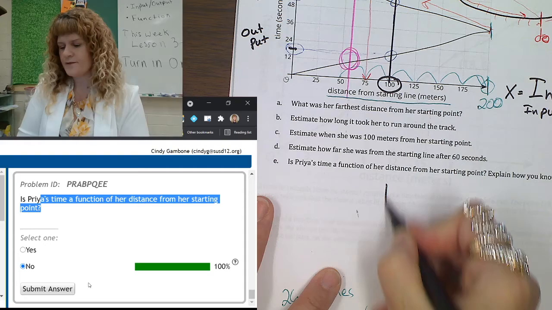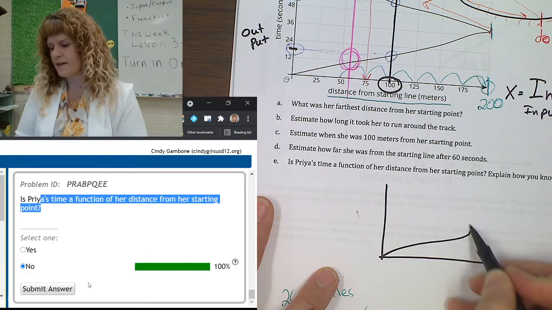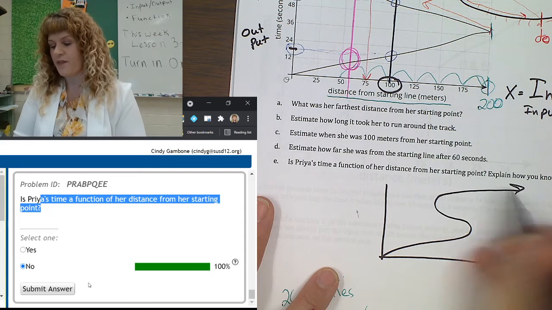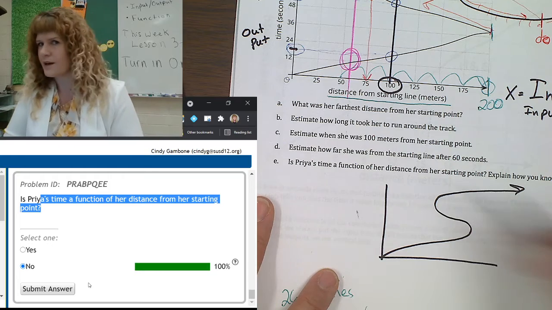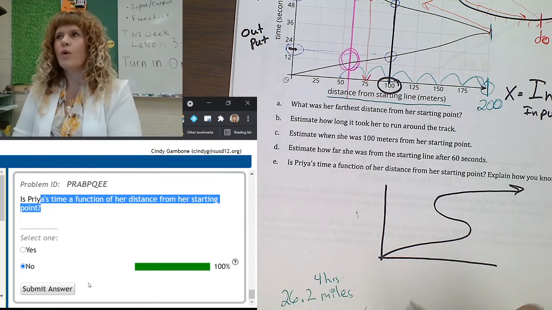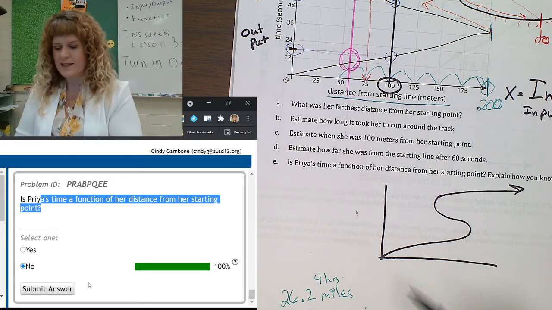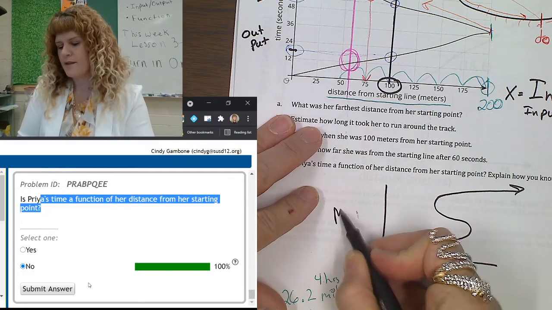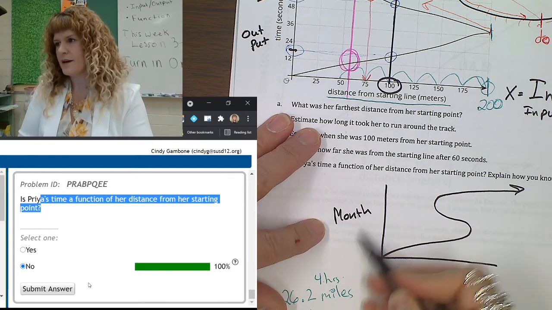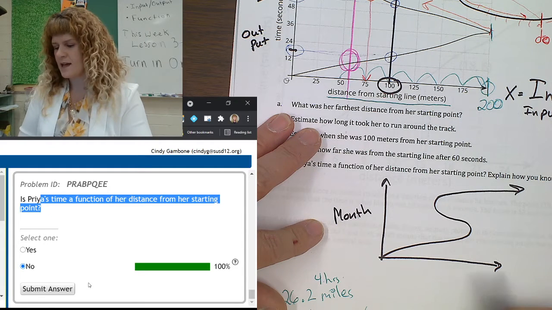Let me draw another graph to explain the vertical line test. Let's say we had a graph that went like this. The thing that you're graphing goes like this, like someone's running in a zigzag pattern, or the amount of money in your bank account is going crazy. Like if this is the month, I'll just put some units here. Months on the y-axis, and let's say that this axis is temperature.